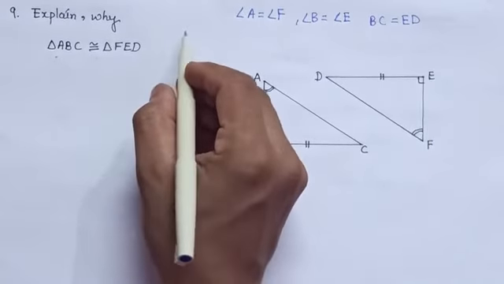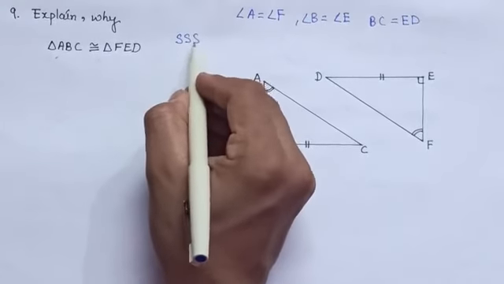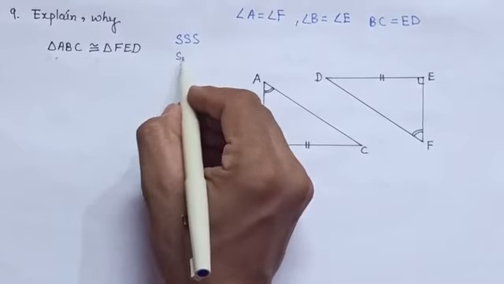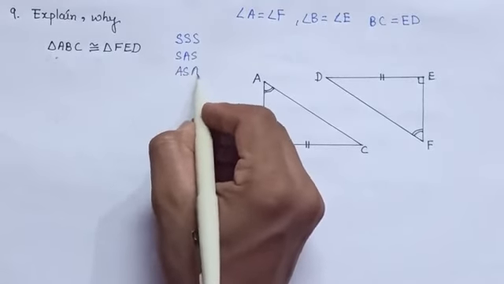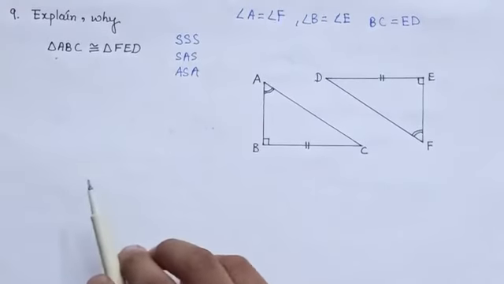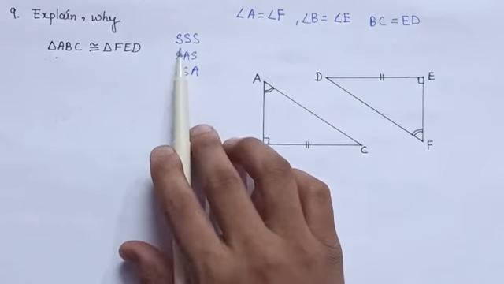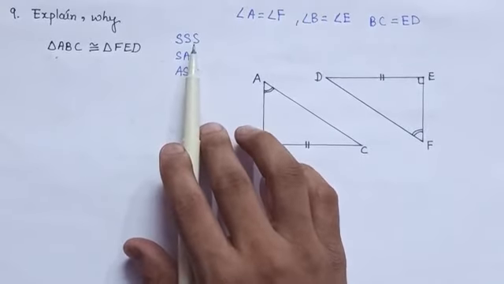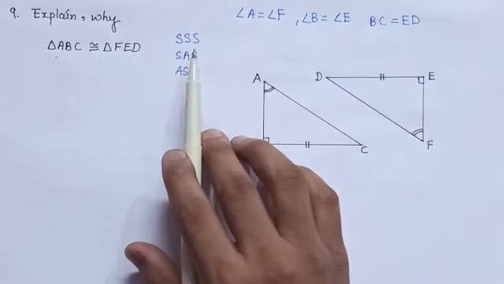Now the three basic criteria for showing congruency of two triangles are SSS, SAS and ASA. Now can we use the SSS criteria? No. Because for using this criteria, we have to show three corresponding sides are equal.